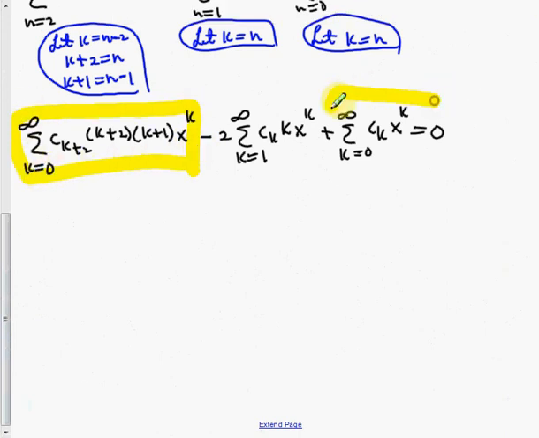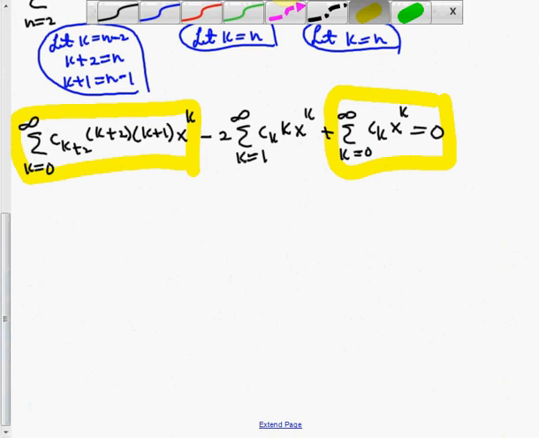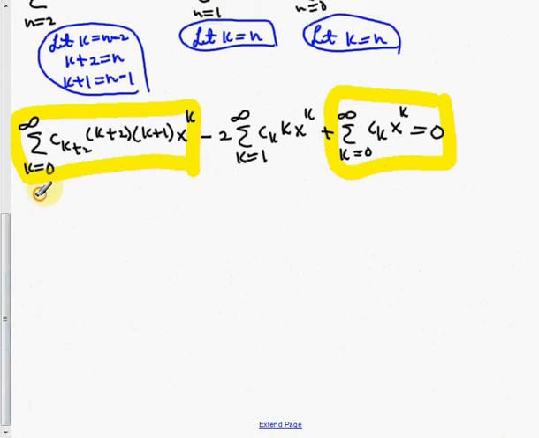And then we'll evaluate this at k equal to 0, excuse me. So to do that, we plug in k equal to 0.